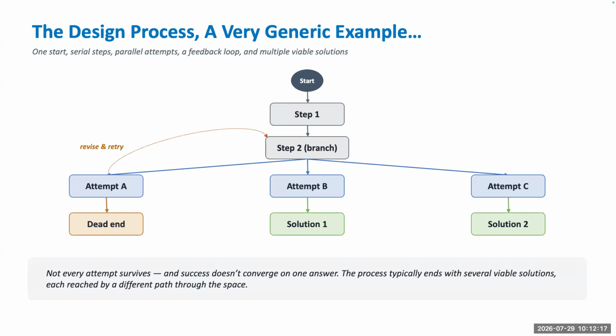Some may hit dead ends, and you might then wind up with multiple solutions. Then the question is, as you get these solutions, you would evaluate: are any of these good enough? And if so, do I want to invest more time to get a better solution, or do I want to take this and go with it? So this is, in my mind, at least what I go through in a non-structured way when I do design.